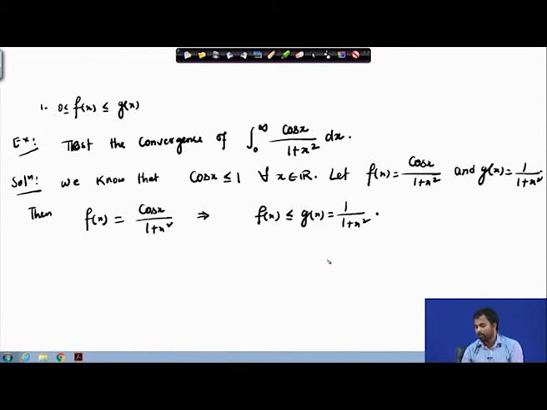So, we have this inequality. So, we found a function g x, which is dominating this function f x, acting like an upper bound for f x.